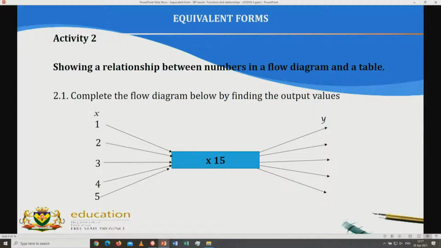Then our first number sentence will be 1 multiplied by 15 equals the value of y, and then 2 multiplied by 15 equals the unknown value of y, and then 3 multiplied by 15 also equals unknown value of y, 4 multiplied by 15, and then the last one will be 5 multiplied by 15.